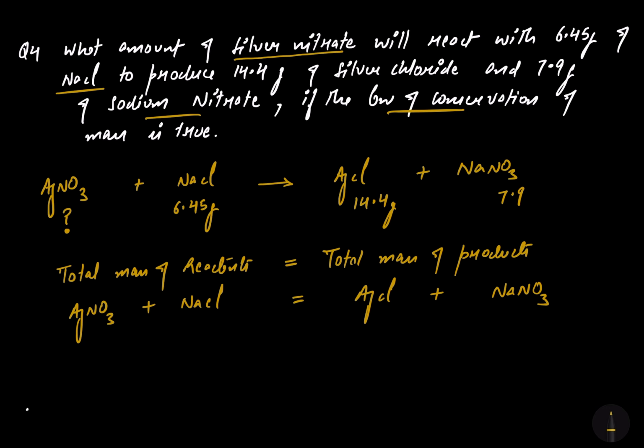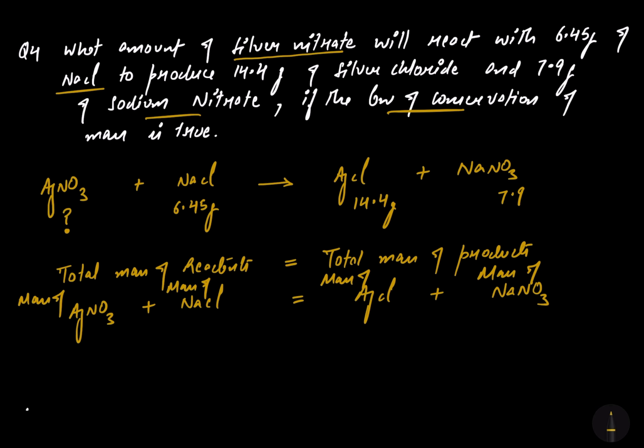One thing more, if this numerical is coming in your subjective exams, you have to write the whole term, the mass of AgNO3 plus the mass of NaCl is equal to the mass of AgCl and the mass of NaNO3. You have to write it complete. But in case of multiple choice questions, you can solve it directly in the rough.